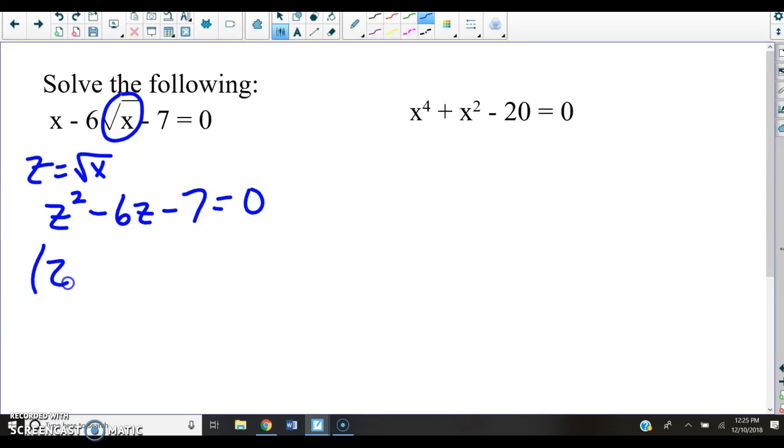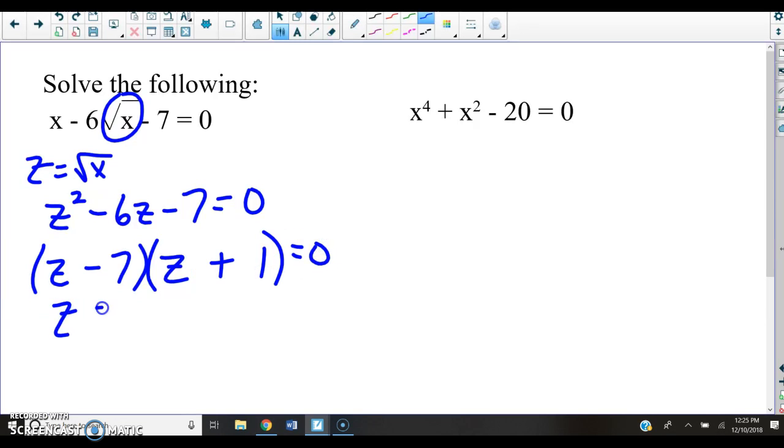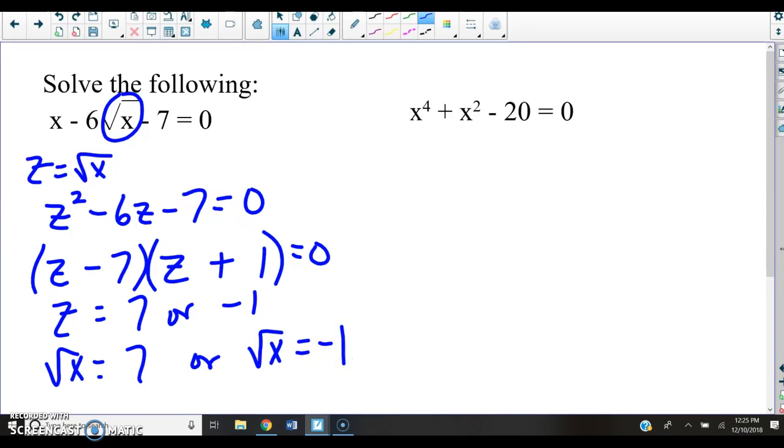So this will factor into z and z. The product is 7. The sum is negative 6. So I'm going to get z equals 7 or negative 1. So square root of x equals 7 or square root of x equals negative 1.